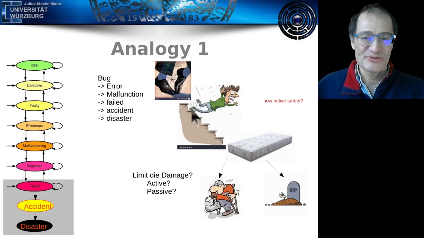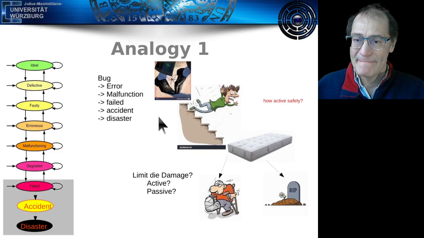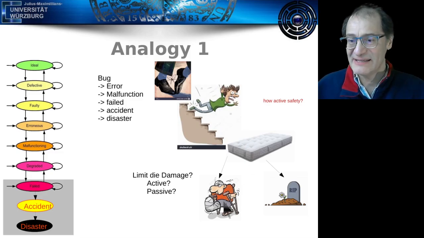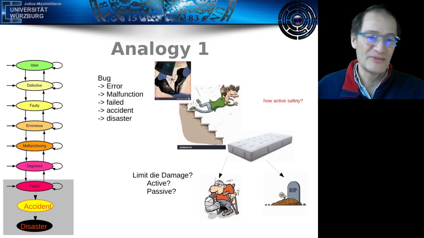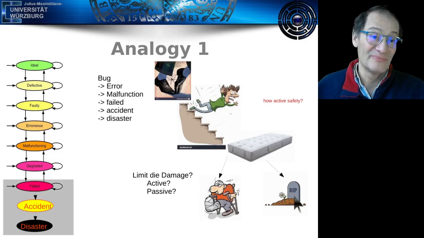Then you stop, you stumble, you fall down, and here you have the passive or active safety. So you cannot avoid the accident, but you can reduce the consequences of the accident. After this, we have two possibilities: limited damage, active or passive, then you have some injured, or if you have nothing here to reduce the damage, then you are dead.